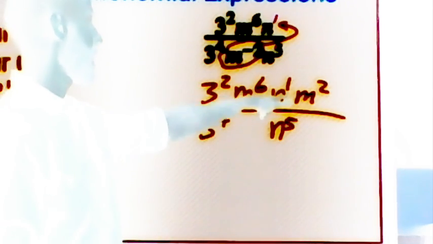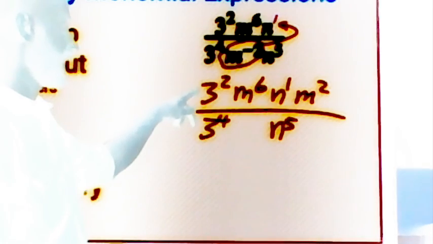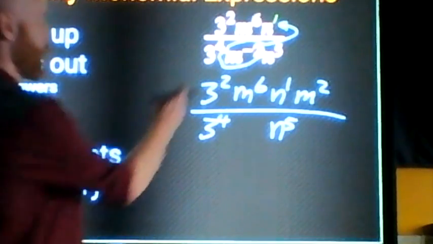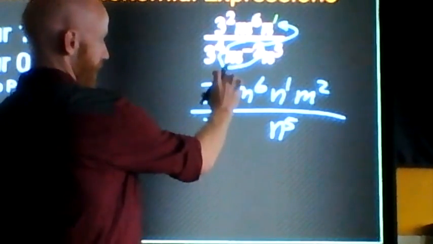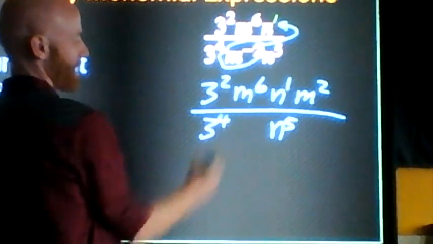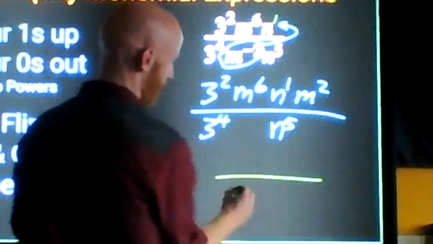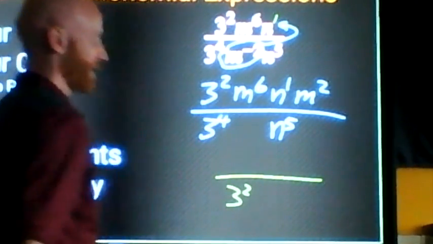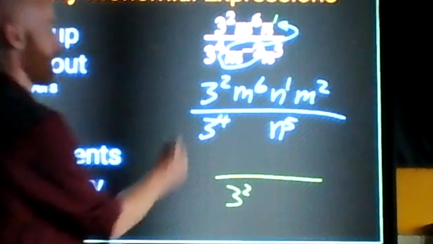Products and quotients. Okay, in the numerator, my m's can combine. Between the numerator and the denominator, my 3's should be doing something and my n's should be doing something. All right, these 3's. Division, the 2 3's up top will cancel with 2 of the 3's down the bottom, so I'll be left with 2 3's in the denominator.